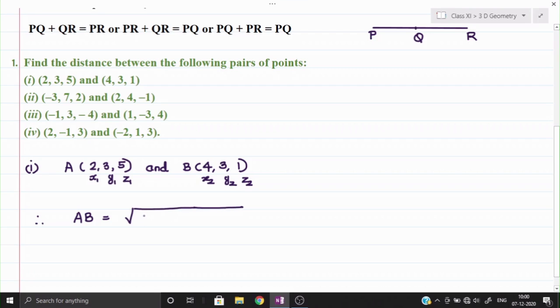So that will be 4 minus 2 the whole power 2, plus 3 minus 3 the whole power 2, plus 1 minus 5 the whole power 2. Please keep the pattern in the same manner. Here I am subtracting the first coordinate from the second. So 4 minus 2, that will be 2.